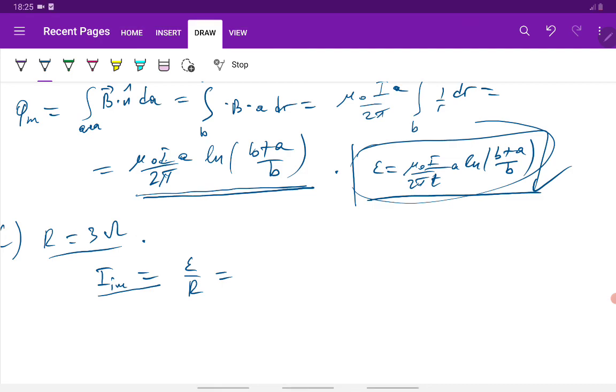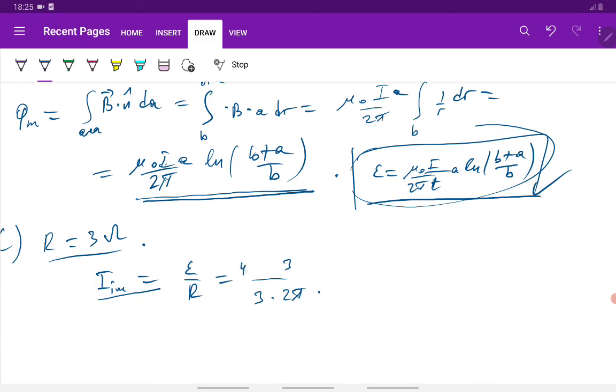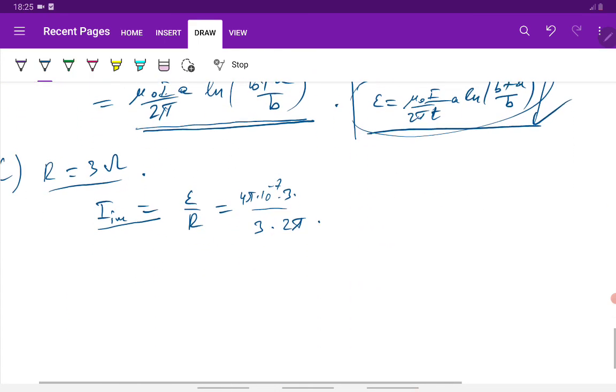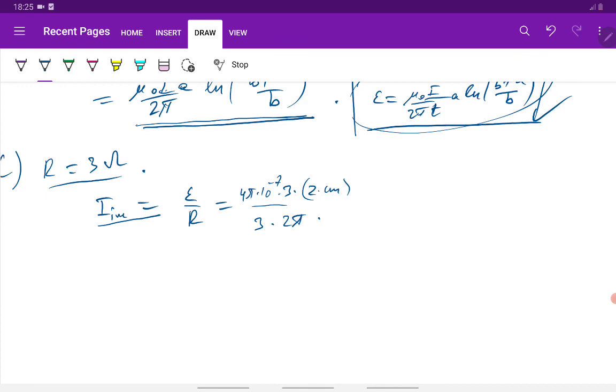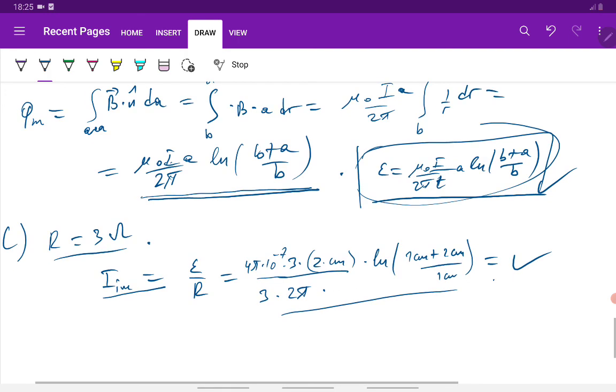So let me substitute everything: 4 pi times 10 to the minus 7, a equals 2 centimeters, multiplied by ln of (1 centimeter plus 2 centimeters) over 1 centimeter. I hope that you can calculate this with your calculator. I'm sure that this is the correct result.